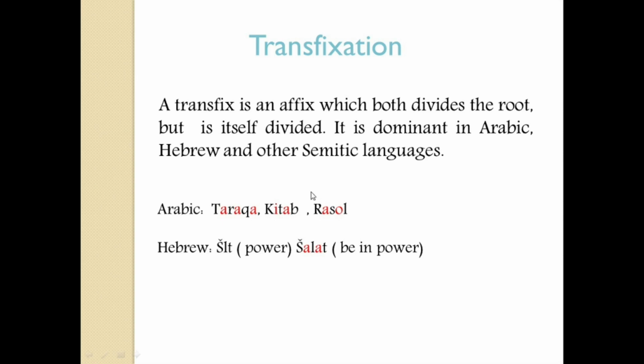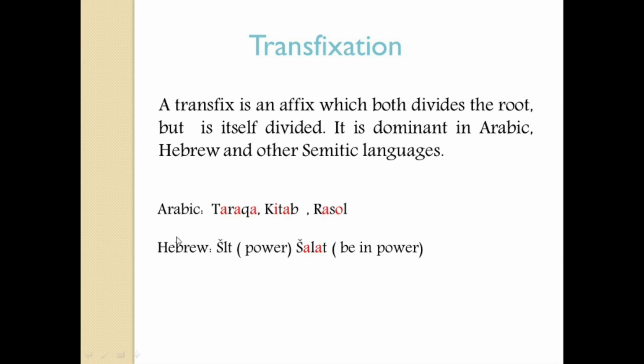For instance, in Arabic we have taraqa, kitab, rasul. The root is the main consonants of the word. In taraqa the main consonants are T, R, K, and in kitab, K, T, B, and we can create kitab, kutub, katib, etc. And rasul is the same as other words.